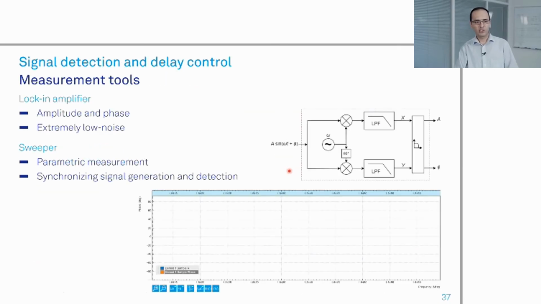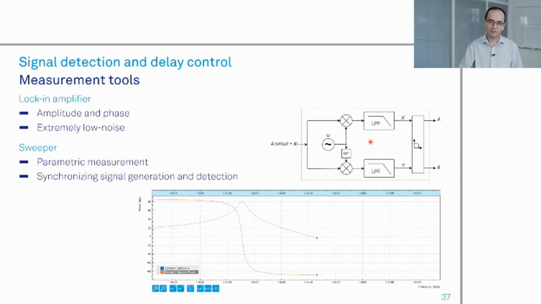For the detection part, we use a lock-in amplifier. And why? As I said before, the signals are very noisy and we need a high signal-to-noise ratio. That's the only way to measure with such a noise level and signal level. What a lock-in amplifier does is receive your signal at a certain frequency and provide you with the amplitude and phase of the signal with a dual phase demodulation structure.